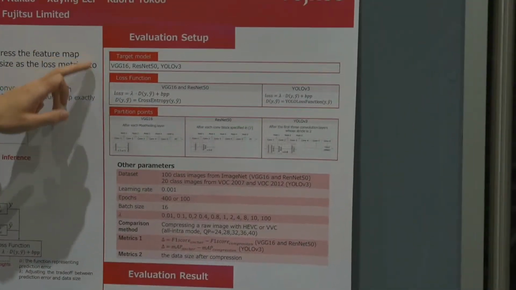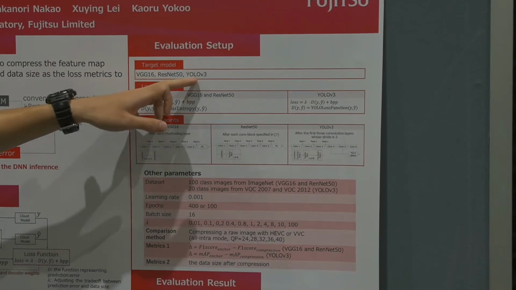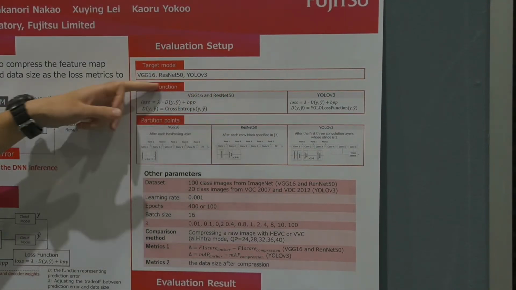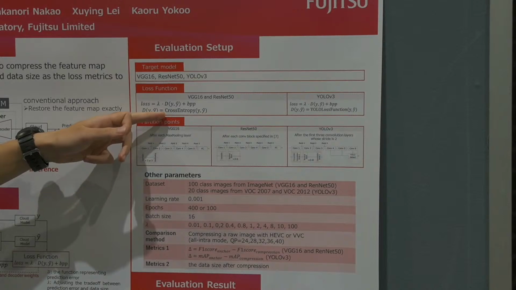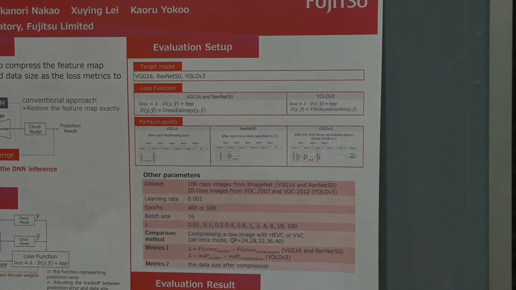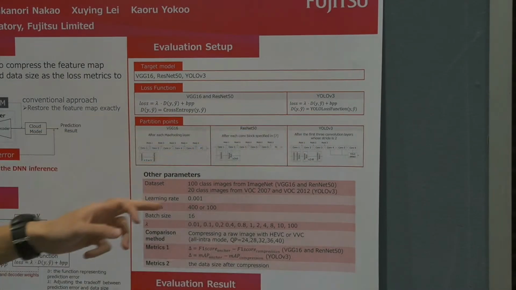And this is our evaluation setup. The target models are VGG16, ResNet50, and YOLOv3. In the classification models, D is cross entropy, and in YOLOv3, D is the YOLO loss function, which is proposed in the YOLO paper.